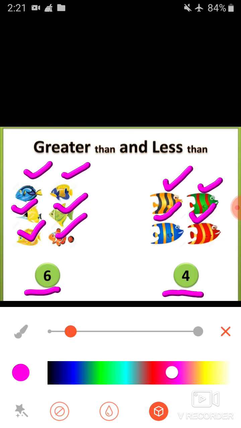There are 4 fish in the second group. So here we have to put the symbol of greater than, and the symbol of greater than is like this. 6 is greater than 4.